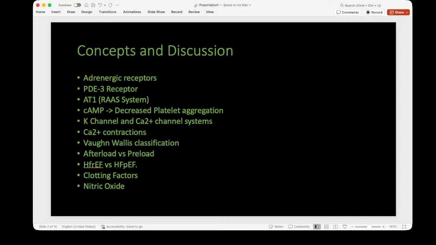And going more into it down another bullet point, you see here the Vaughan Williams classification system, which has mainly the four classes: the sodium channel blockers, the beta blockers, potassium channel blockers, and then the fourth part here, which is the calcium channel blockers. So take a look at the Vaughan Williams classification as well.